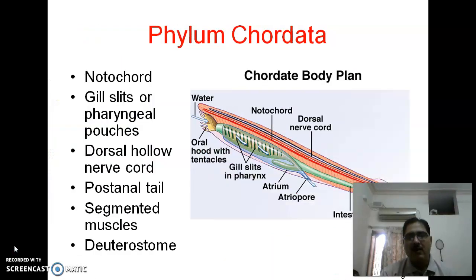If we look at the chordate body plan, it has presence of notochord, presence of pharyngeal pouches or gill slits, and above the notochord, presence of a dorsal hollow nerve cord which is a tubular structure, presence of a post-anal tail. Chordates have segmented muscles, and as we know, they are the deuterostome in which blastopore develops into anus.